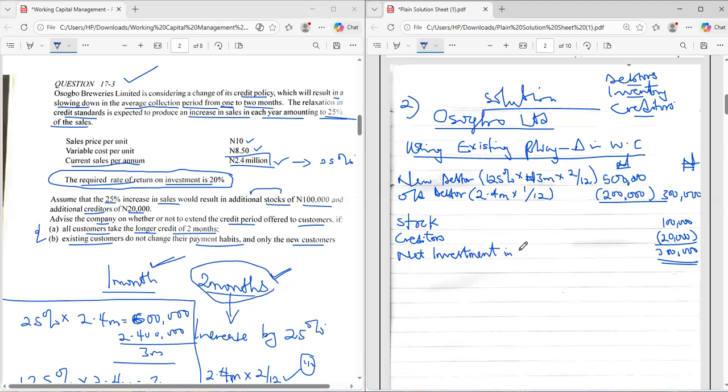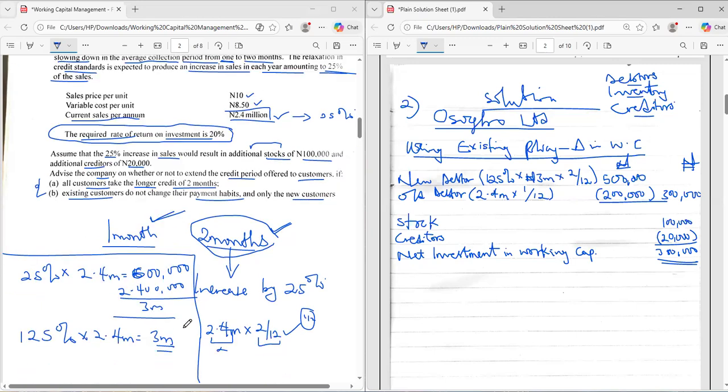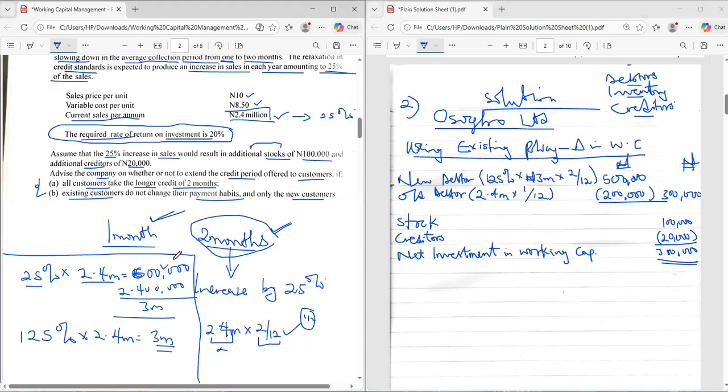Excuse me, sir. Yes, go ahead. The new debtor I'm getting 625,000, not 500,000. How did you get it? 25% of 2.4 million will give you 600,000.